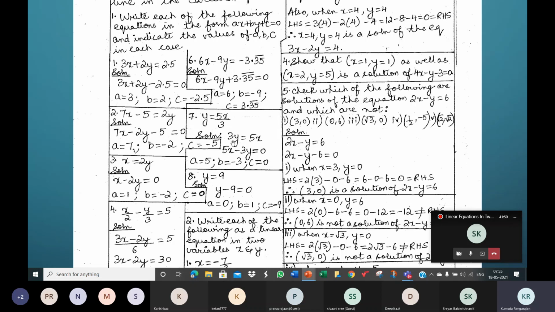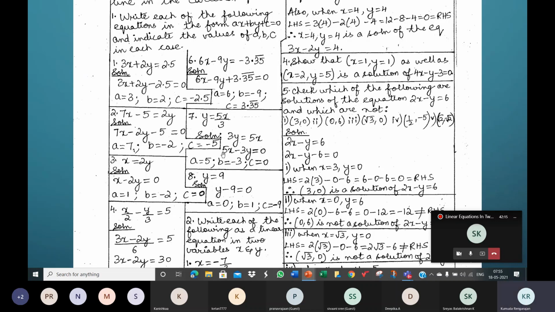Now here I have taken 3y to this side. So 5x minus 3y is equal to 0. Please understand, on cross multiplying and working this, we get 3y is equal to 5x. And then I transpose this, minus 3y. 5x minus 3y is equal to 0.